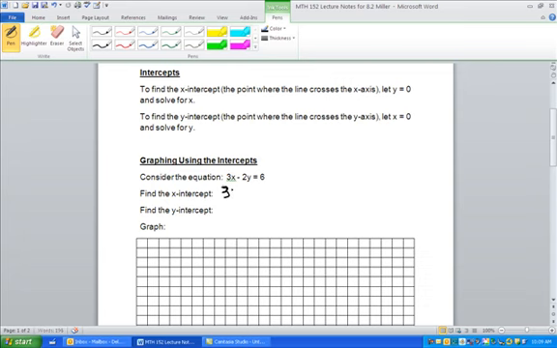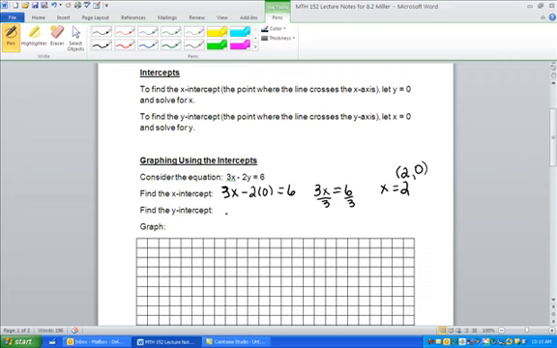So 3x minus 2 times 0 equals 6. 2 times 0 is 0, so that means we have 3x equals 6. And that means if we divide by 3, that x equals 2. Now note that the x-intercept has two coordinates. It has 2 and the 0 that we plugged in for y.